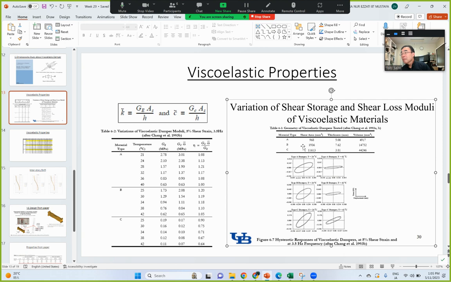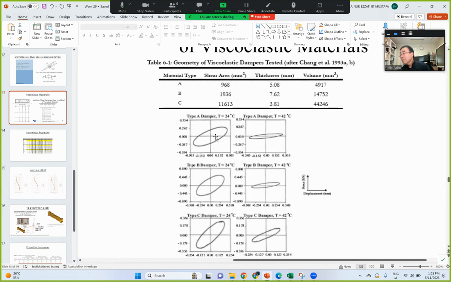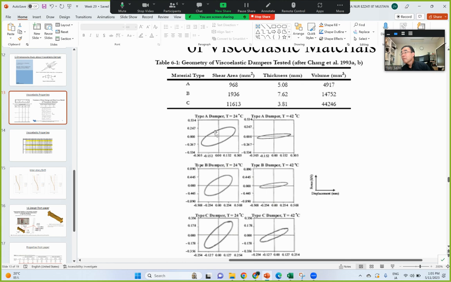And here are the size and the thickness that he gave. So we have shear area and thickness. And this is the hysteresis. We can see these three materials have different properties, and the shape of the hysteresis is also different.